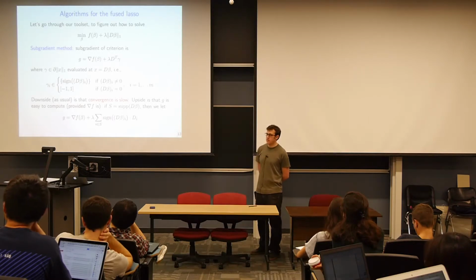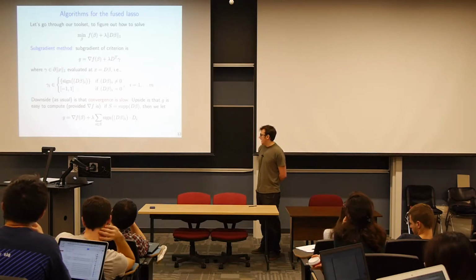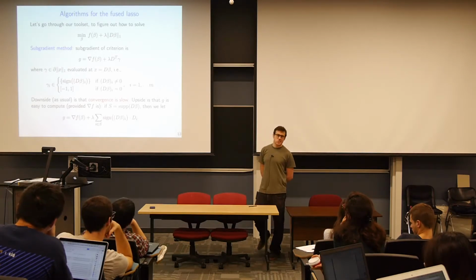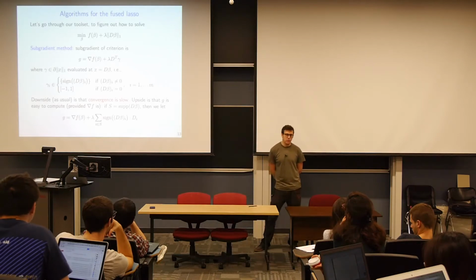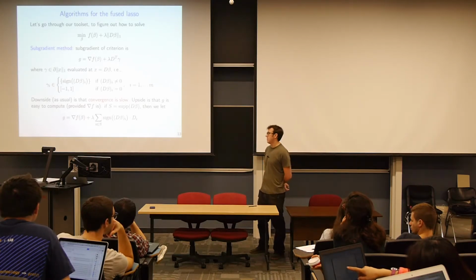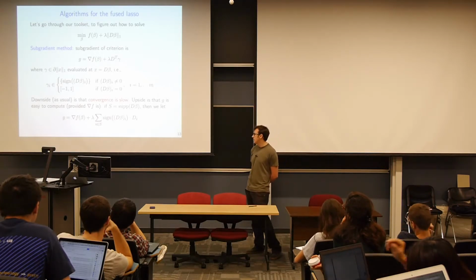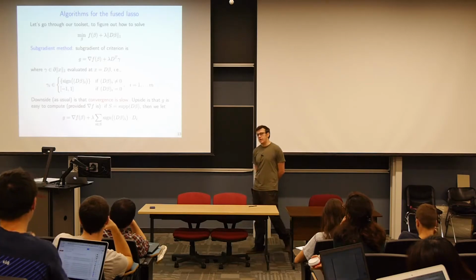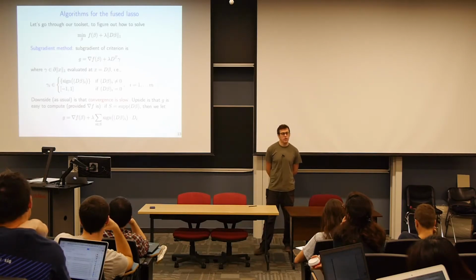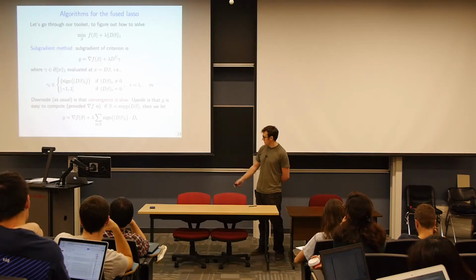We just sum up over those components according to the definition of the subgradient. And so computationally, this is very attractive, right? Because we can compute this very quickly, assuming, of course, that you can compute the gradient of f, which for the models that we've talked about, is not a problem. And so this is nice, but in practice, it doesn't work well for these problems because it takes many, many iterations to converge.